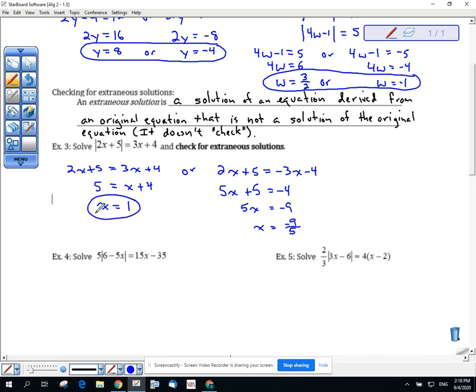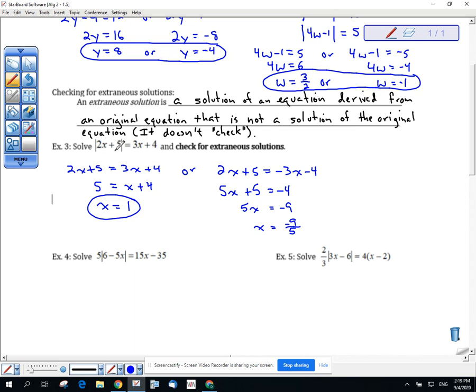Okay? Now, do the same thing with negative 9/5, and you probably would use a calculator for this. 2 times negative 9/5 plus 5, and make it an absolute value. Take the absolute value of that, and then plug negative 9/5 in here for x times 3 plus 4. Now, here's the thing. Negative 9/5 times 3, let me just do it real quick so I don't make a mistake, is negative 5.4, and negative 5.4 plus 4 is still a negative number, negative 1.4, right?